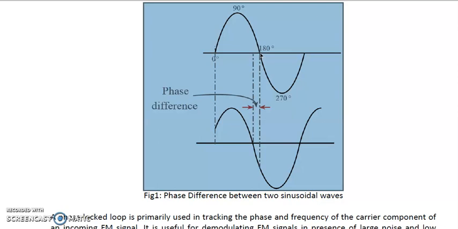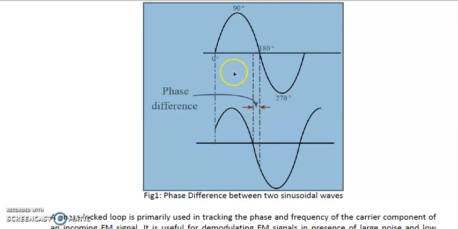This point is 180 degree for the first sinusoidal wave, and this point is 180 degree for the second, but both are not lying on the same vertical line. So this gap is known as the phase difference.